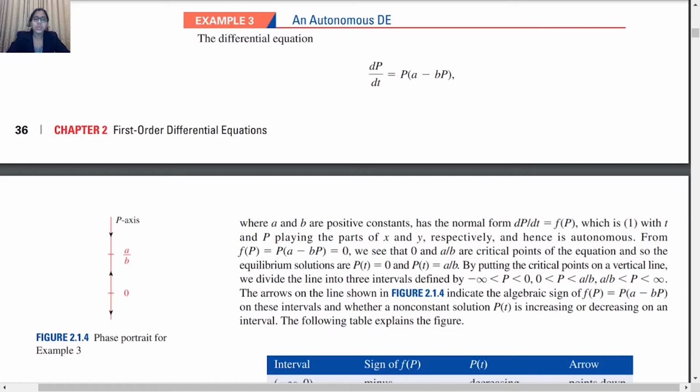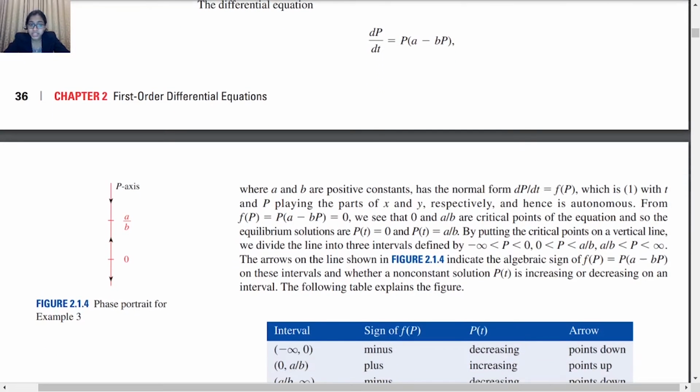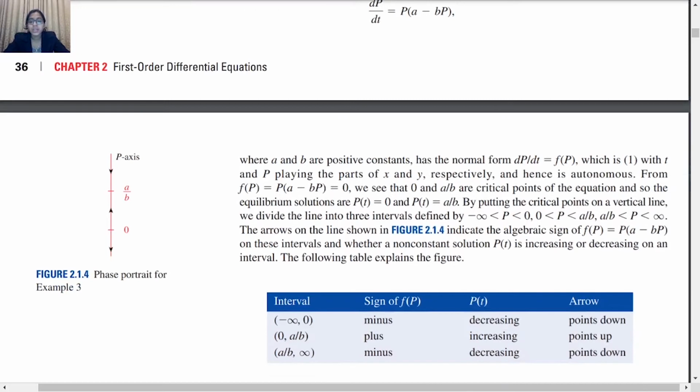Now if you consider the interval minus infinity to 0, then you can see that the function value is negative, and so p of t will be decreasing. So there we'll put the arrow downwards.